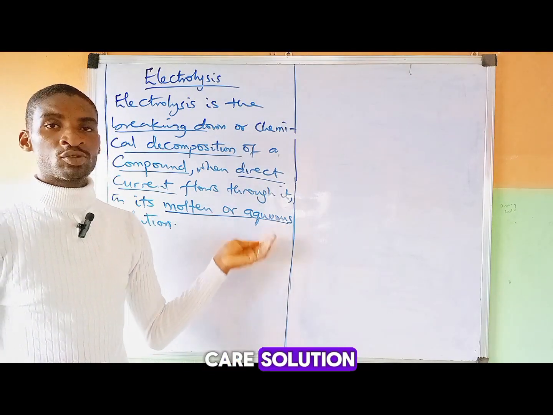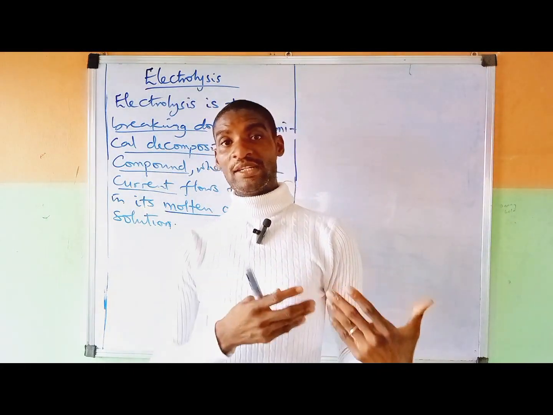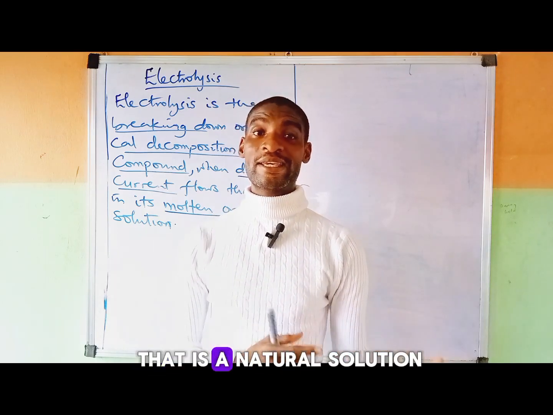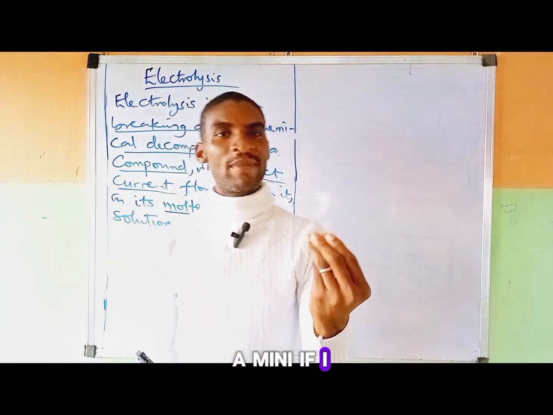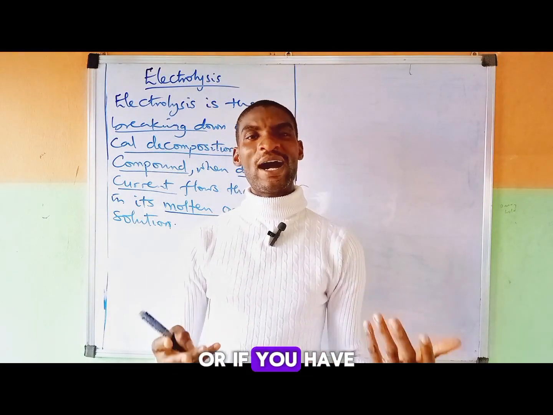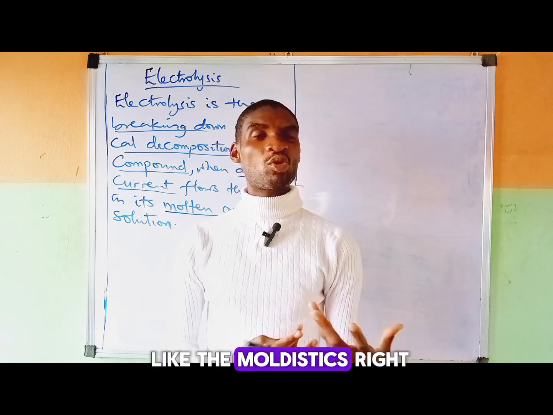When you say aqueous solution, for example, if you take your sodium chloride, which is table salt, and dissolve it in water, you have the salt solution. That is an aqueous solution. But if I melt candle, I have the wax. Or if you prepare pap, that is like the molten state.